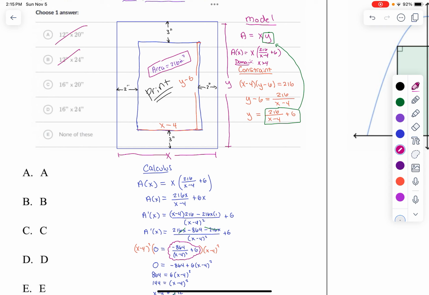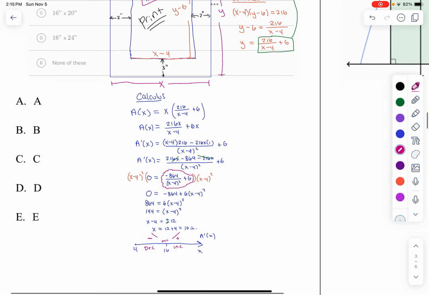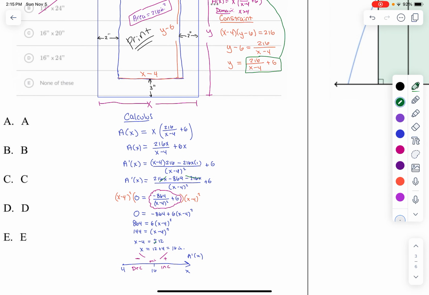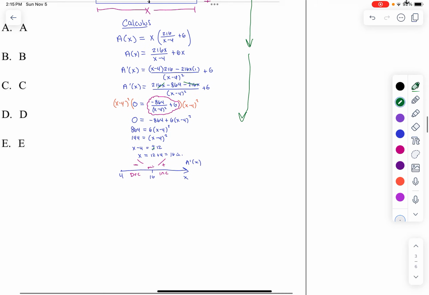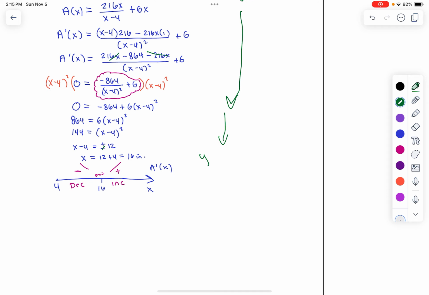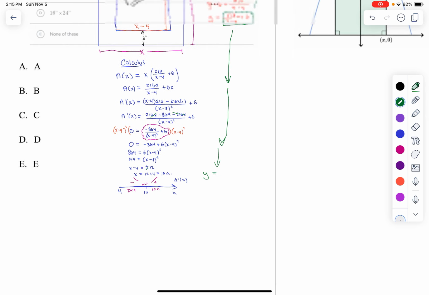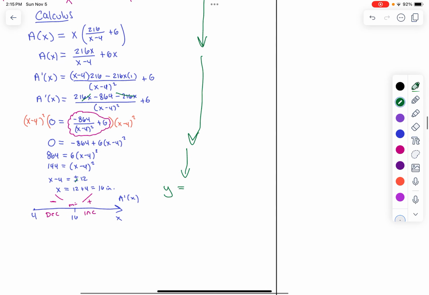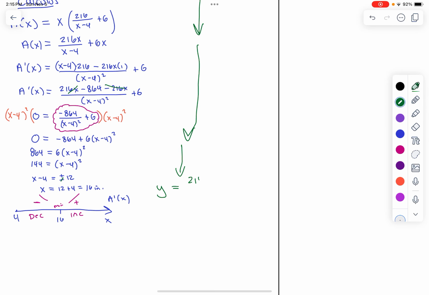We just need to find the value of y, and y is up here in terms of x. So y, notice, was equal to 216 over x minus 4, and x again is 16 now, plus a 6.